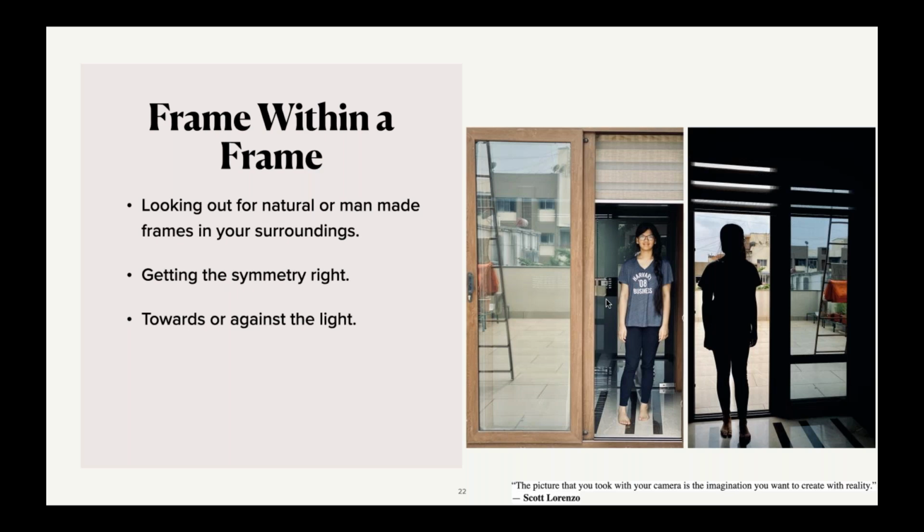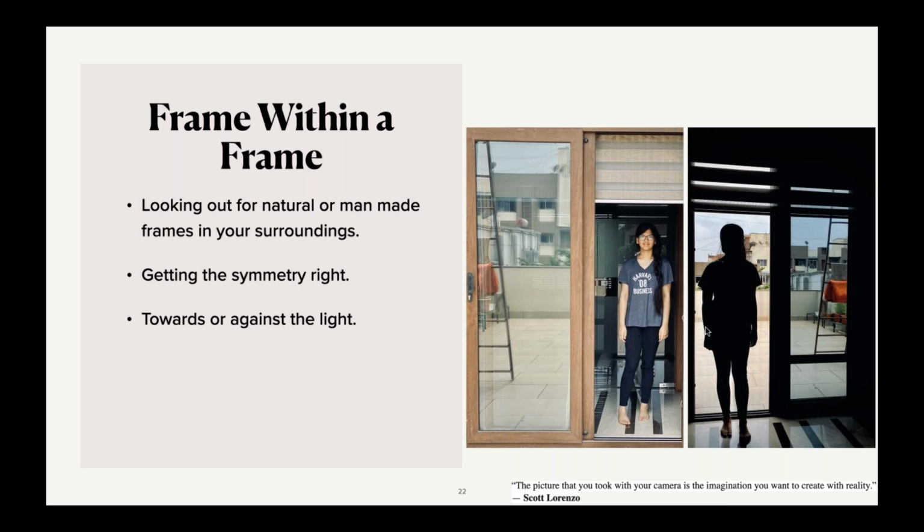But to take these, you have to keep in mind that all the pieces of the frame are symmetric with your image and your camera, and you have to check if you're towards or against the light. So I've taken the same image with one picture against the light and one picture towards the light.